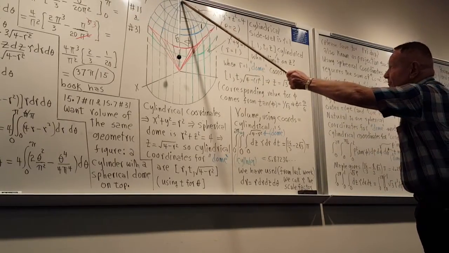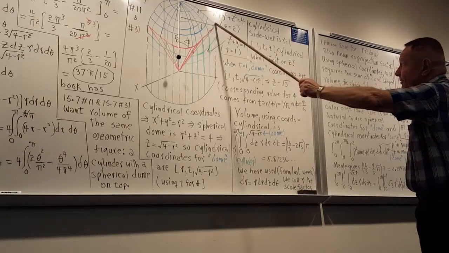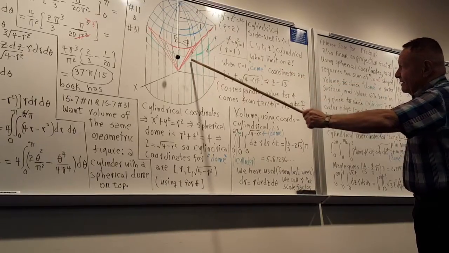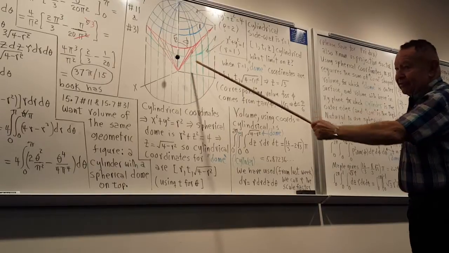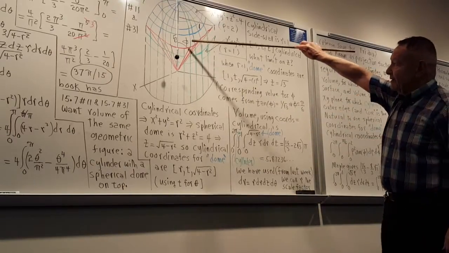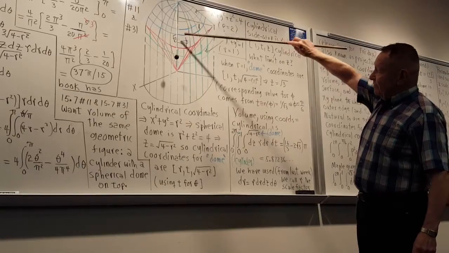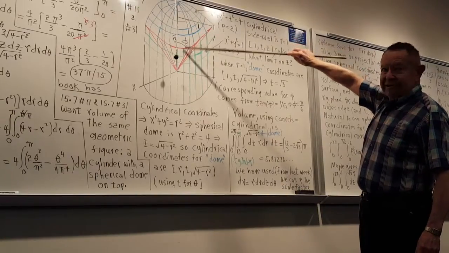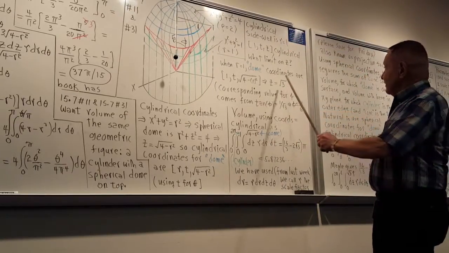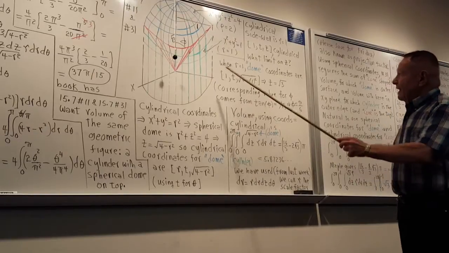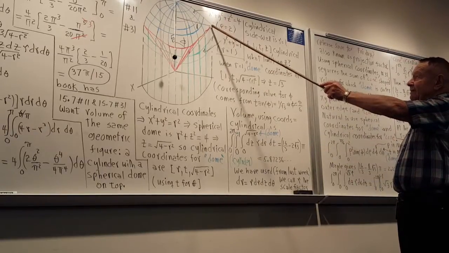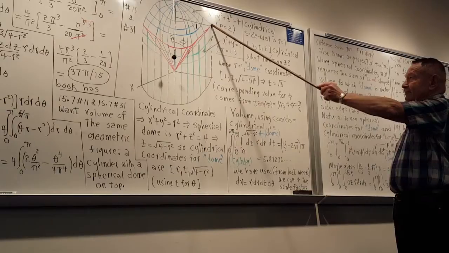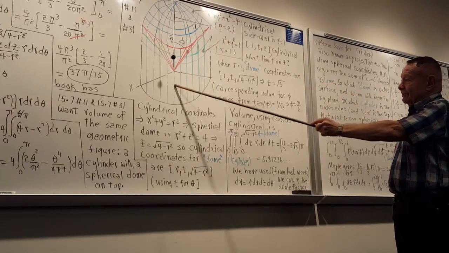You come on your outer surface from the North Pole down to what would be 60 degrees north latitude. It turns out that this, called the co-latitude, is 30 degrees. We'll see that eventually.